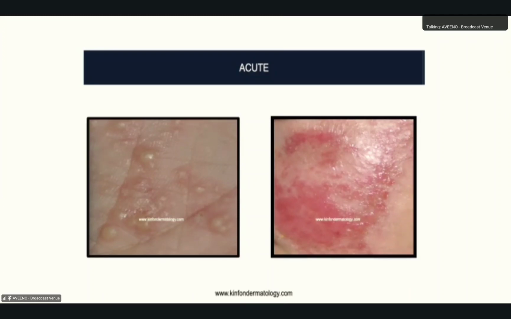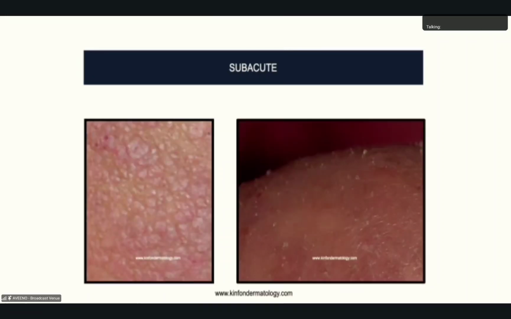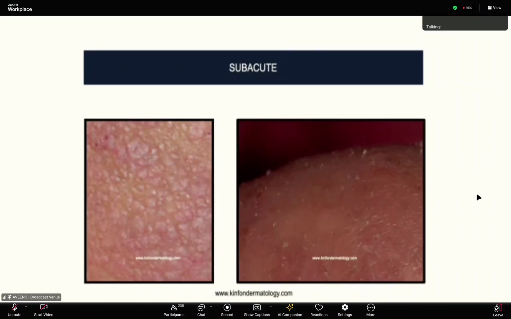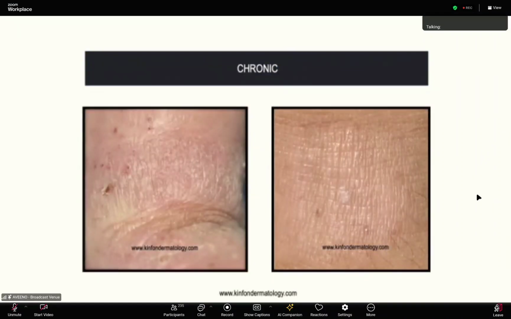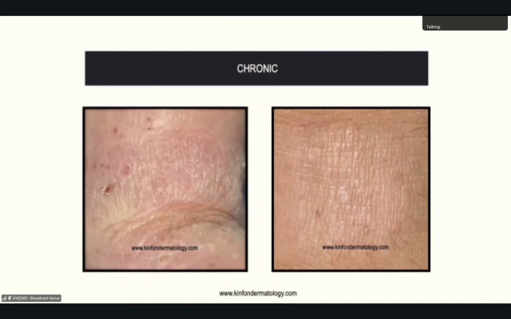So in eczema, in the acute stage, you have prominent skin surface changes. You can see the lines here, and the lines get distorted, meaning the inflammation involves the superficial epidermis. Same applies over here. Another example is subacute, which also has prominent skin surface changes, and similarly chronic lichenified eczema also has prominent skin surface changes.